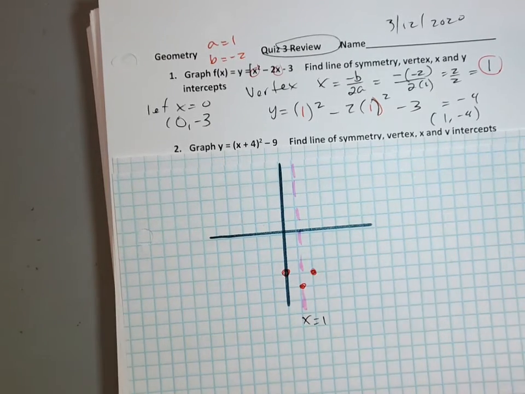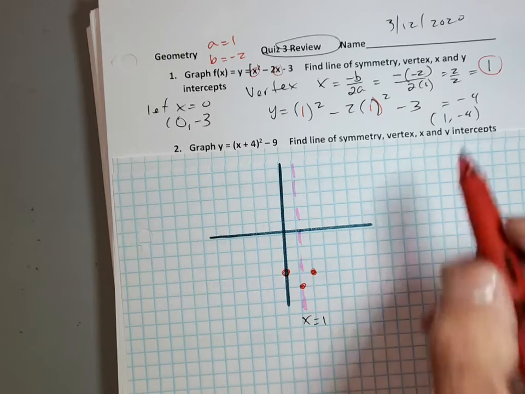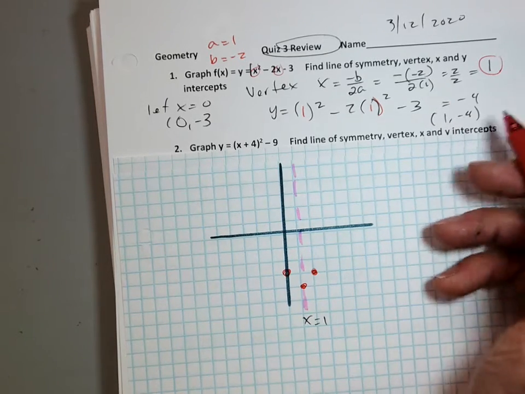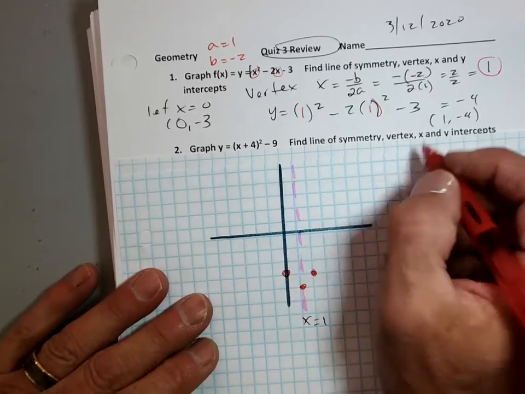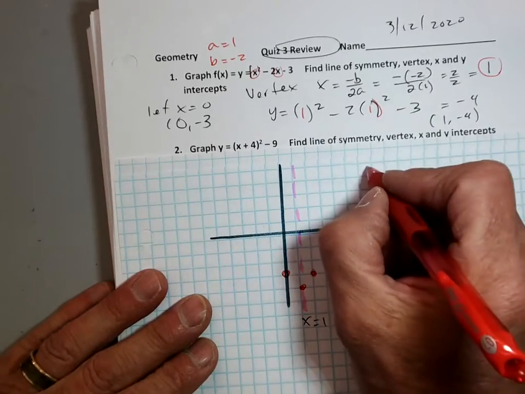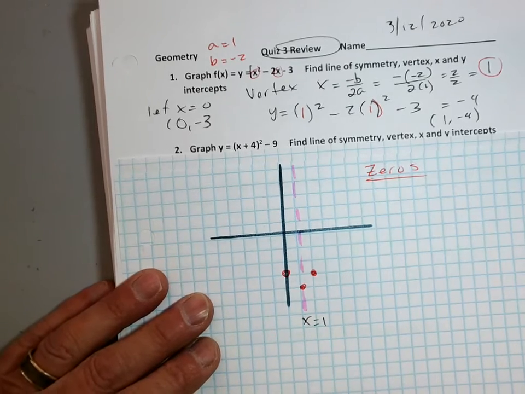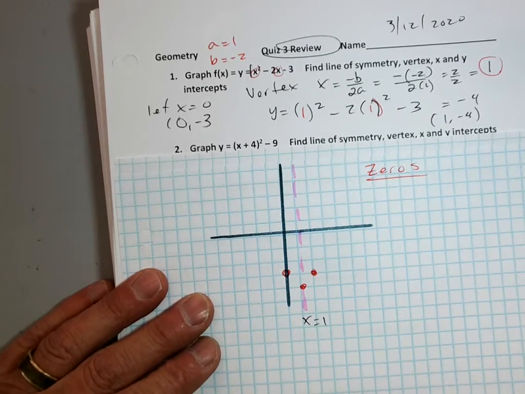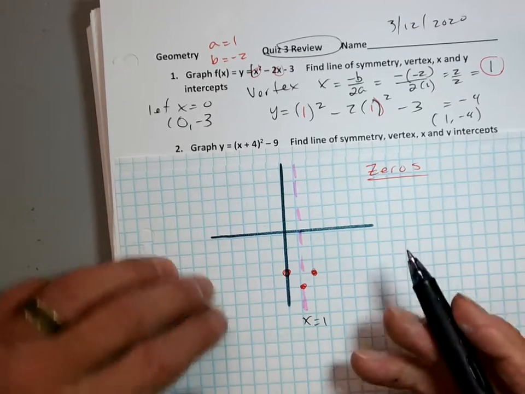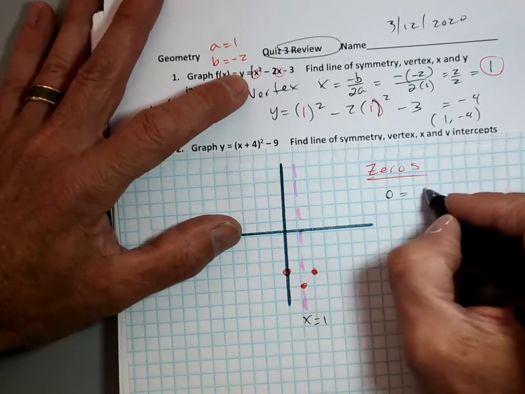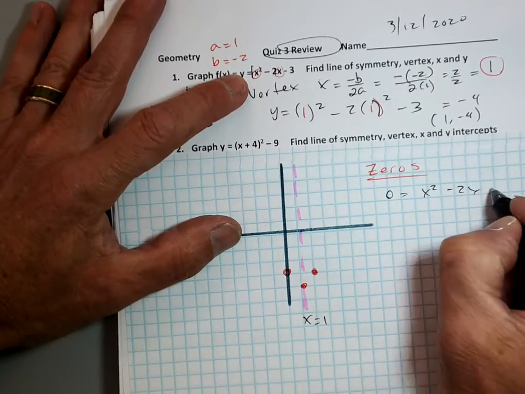Now, I can get the x-intercepts because those are called zeros. So I'm going to do that on my graph paper because I'm running out of room. So my x-intercepts are called zeros, right? And we've done zeros before because we know how to factor. So to get my zeros, we set y equals 0: x squared minus 2x minus 3.